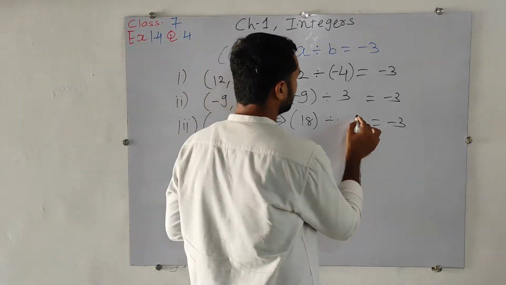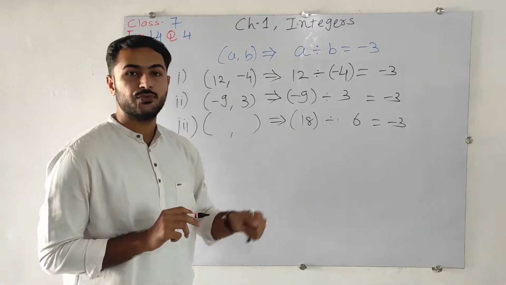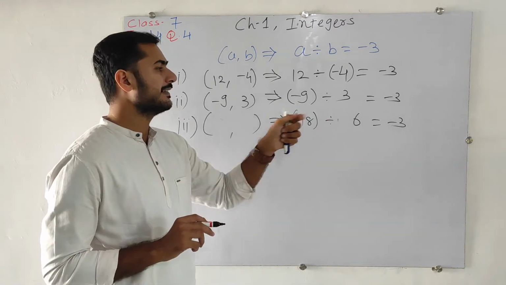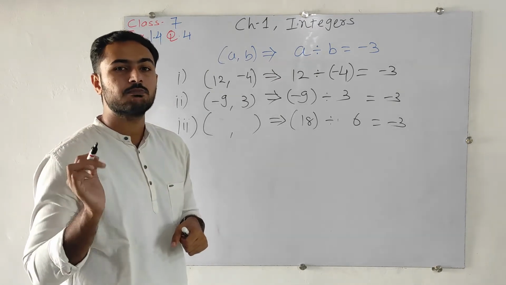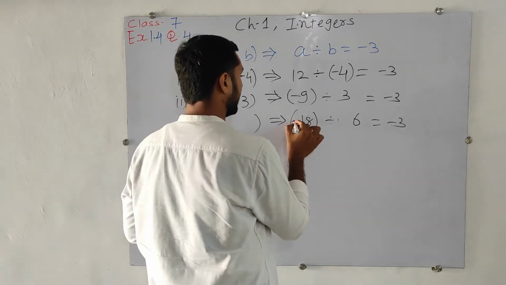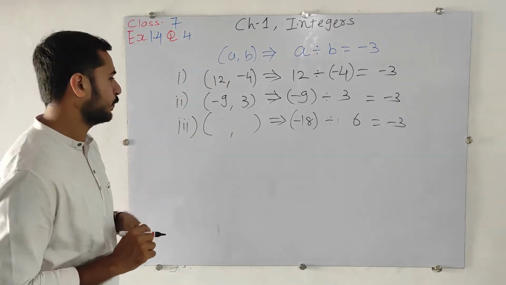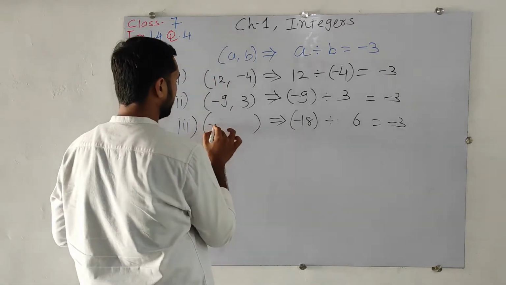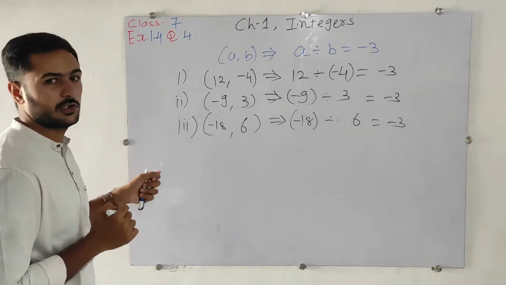So we should divide by 6. But can we get the answer minus 3? No, because plus 18 divided by plus 6 is plus 3. If I take minus 18 divided by 6, then that is minus 3. So here A is minus 18 and B is 6. That's the third one.